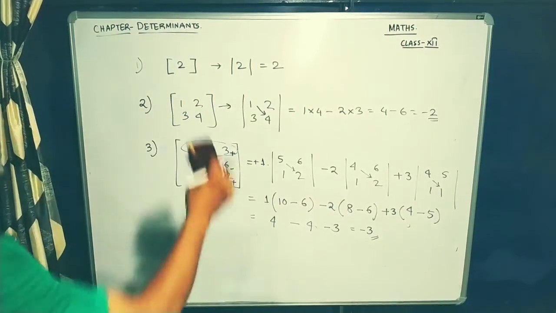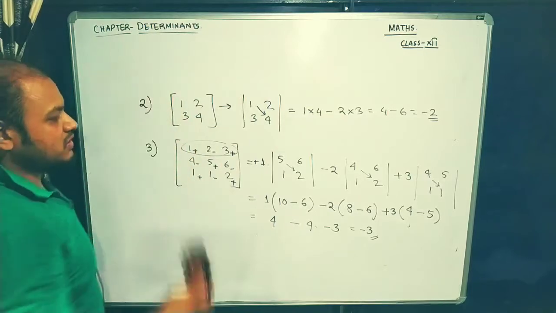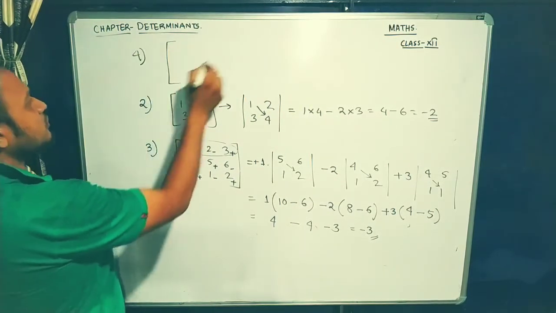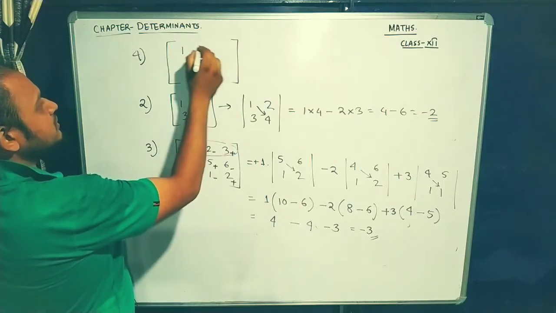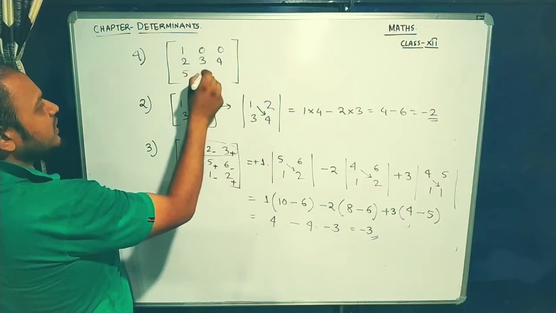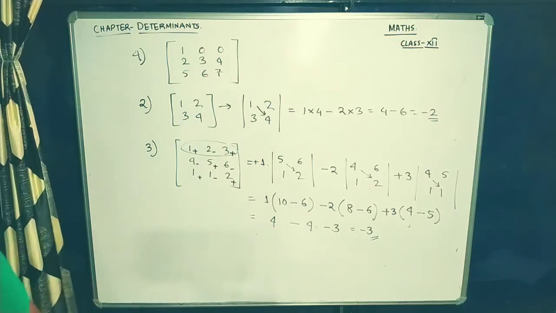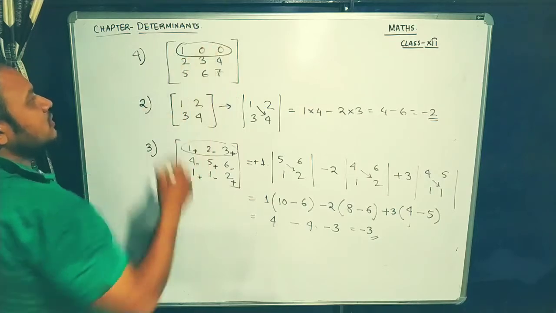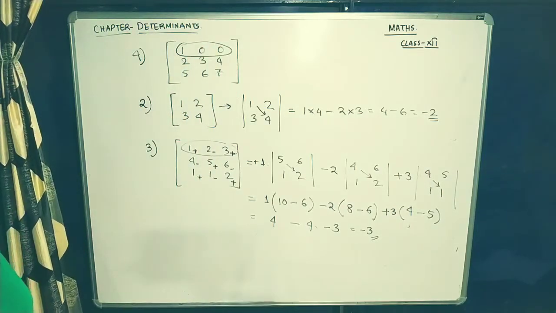And in the fourth case that we have studied today, we have seen that if we are faced with a matrix that has zeros in it, then the row or column that we should select is that row which contains maximum number of zeros. If we do that, it will reduce our calculations.